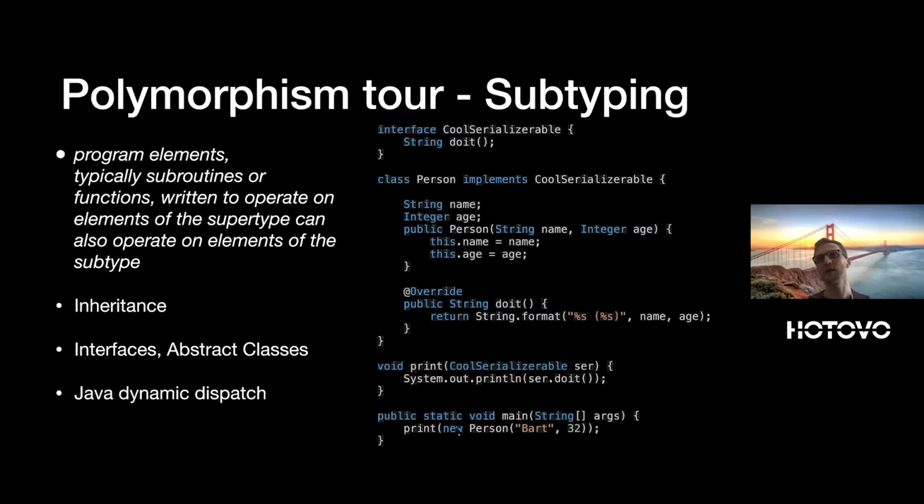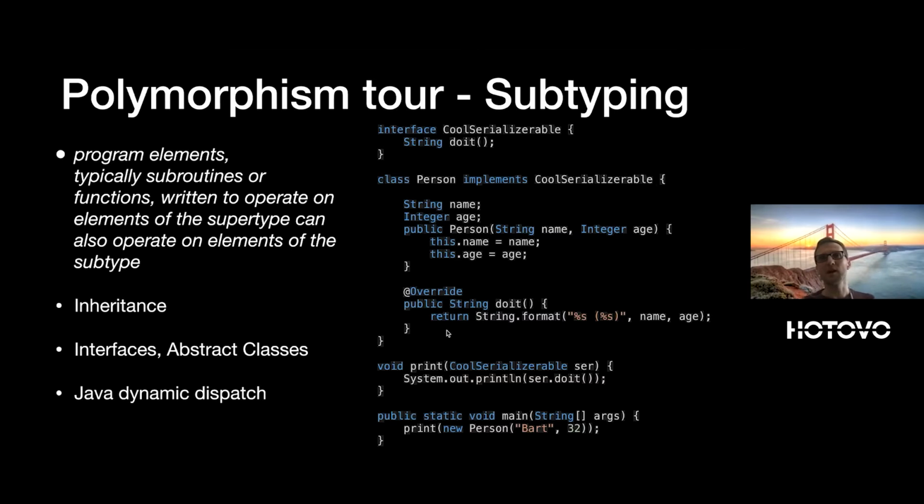So I can use my person object here, which the compiler knows implements the interface, and it has the method doIt, which the runtime can call, and it just prints out the name and age. So this is the most basic type of polymorphism.